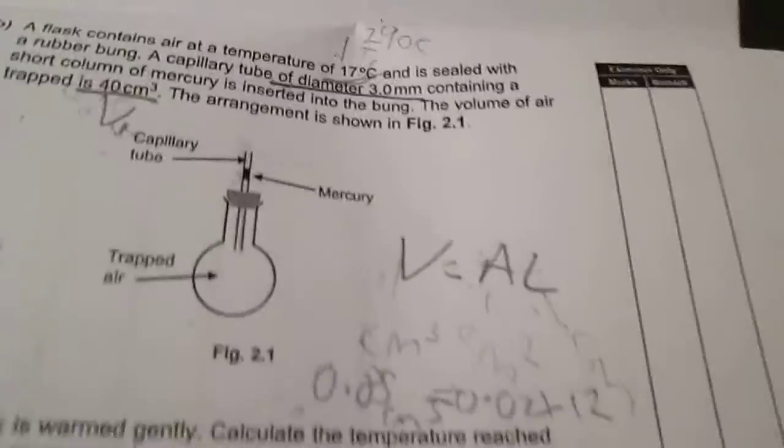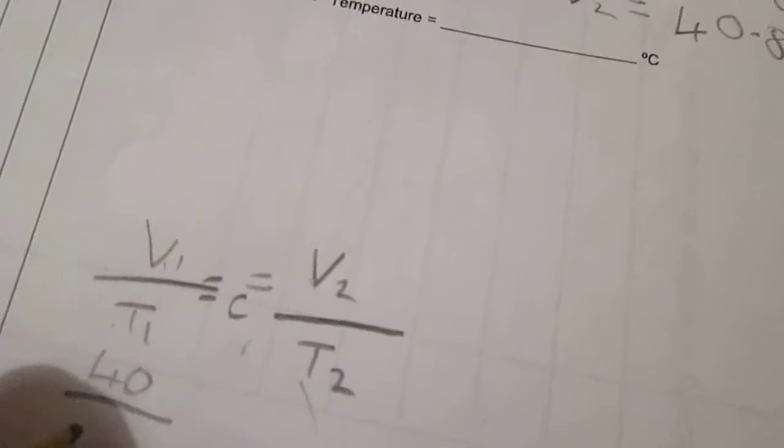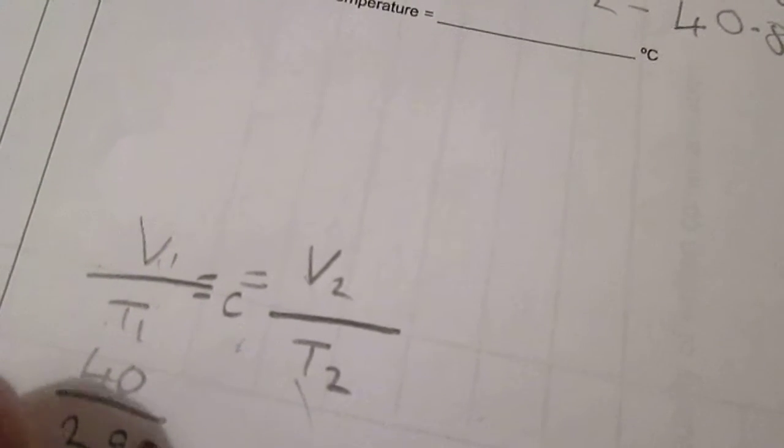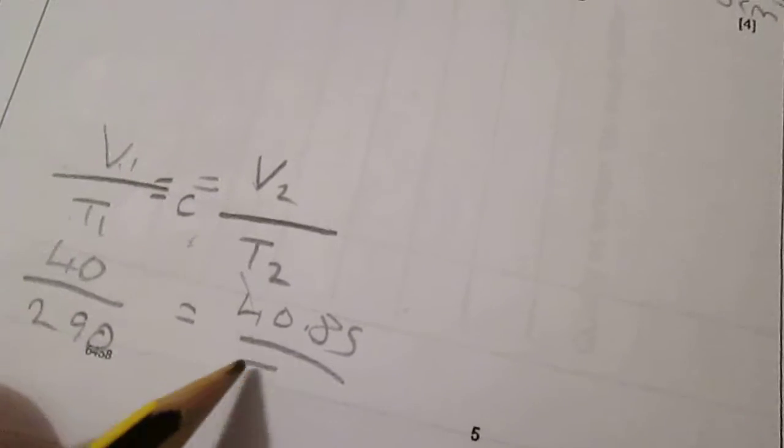T1 was also given, 290 Kelvin, and that equals V2, which we just calculated, 40.85, divided by T2.